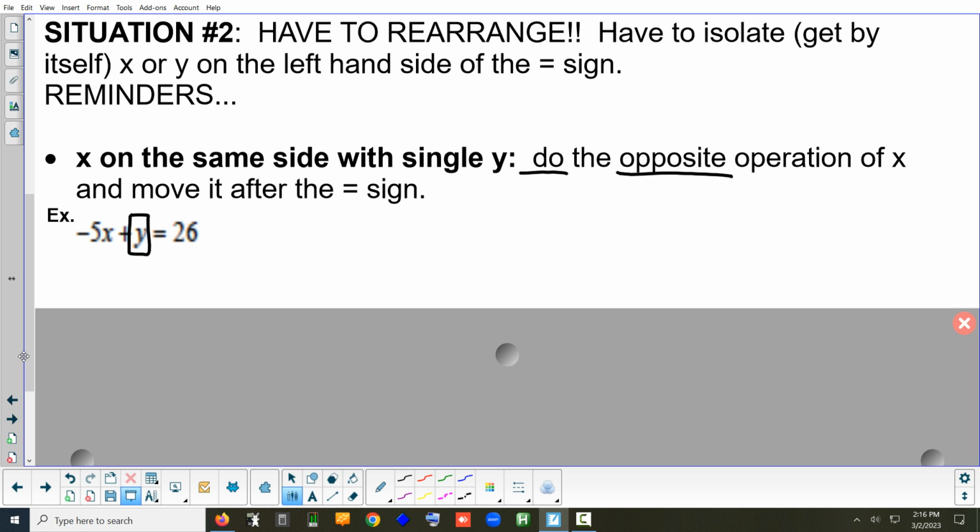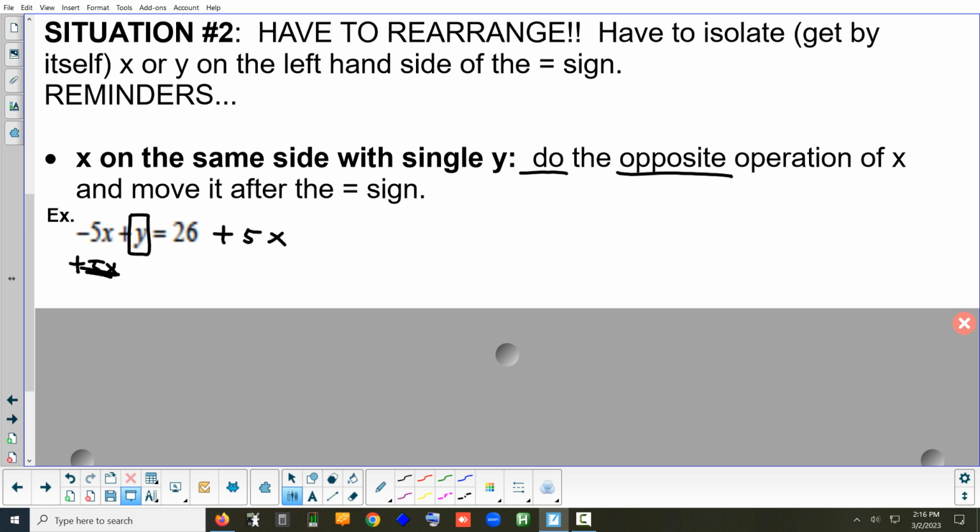So can anybody tell me what the opposite of negative 5x would be? Exactly. You do a positive 5x and do it on the other side. And Aiden, when you have a negative 5x and a positive 5x, what happens?